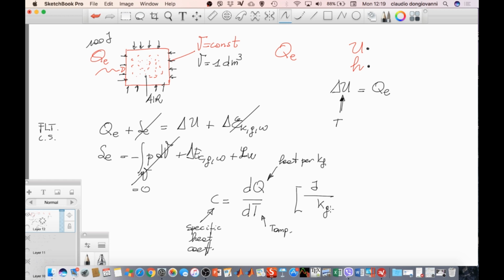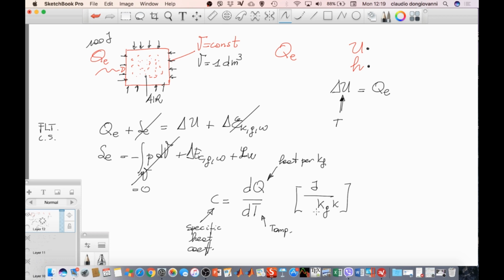Are you able to give me a definition in words, not in formula, for the specific heat coefficient? The amount of heat, okay. So it is the amount of heat required for 1 kilogram of our system in order to be increased in temperature by 1 Kelvin or 1 Celsius degree.